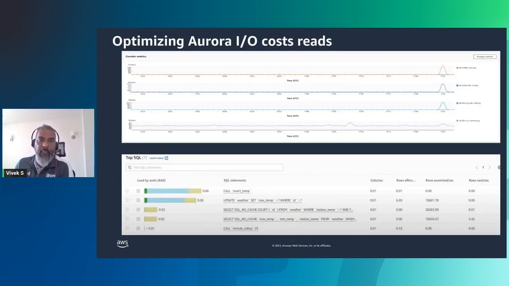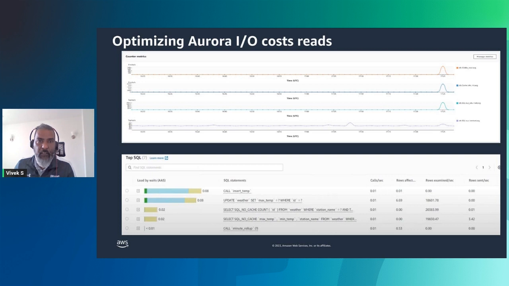Moving forward to the next slide, here I'm going to discuss how we can use Aurora Performance Insights in order to find the top SQL queries consuming high read IOs. There are some counter metrics at the top, such as block hits and block reads, defined as blks_hit, blks_read, and tuples fetched and tuples returned.